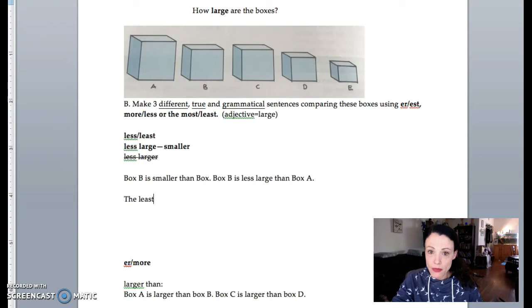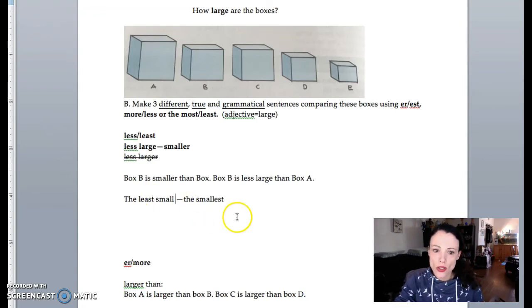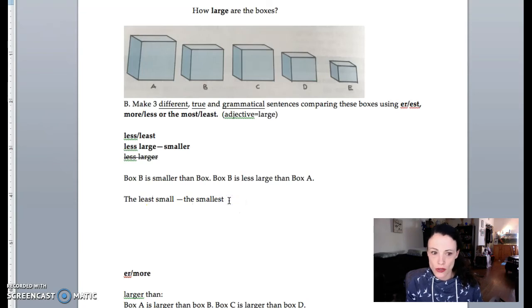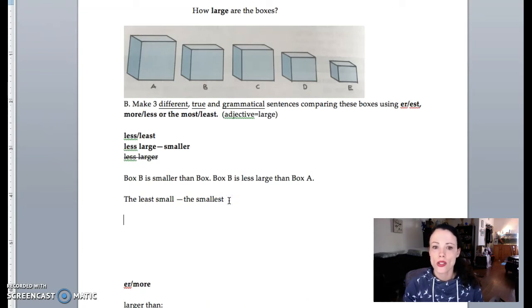So the least means the lowest. In this case, the least is going to mean the smallest. So you could say the least small or the smallest. They have the same meaning. So you can choose which one you like to use. So I'm going to say, which one is the smallest?